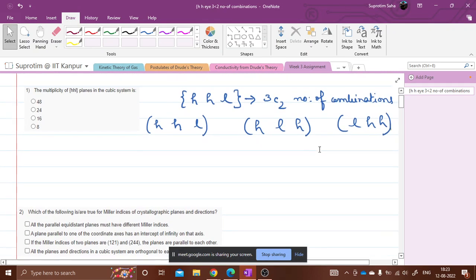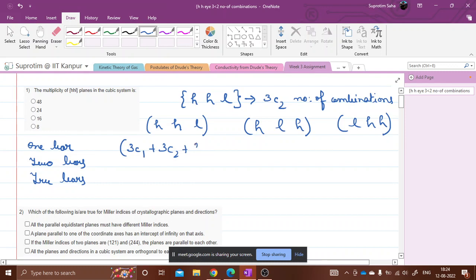Now, among them, you have to bring in the negatives also, I mean the bars. So you can have 1 bar, 2 bars, and 3 bars, right? So this is 3C1 plus 3C2 plus 3C3. So among them, 1 will be barred, 2 will be barred, and all 3 will be barred.